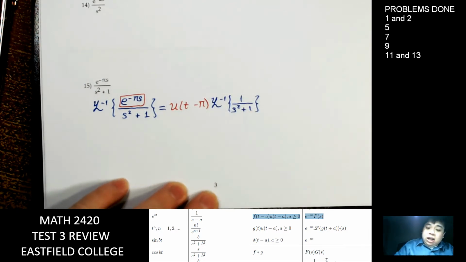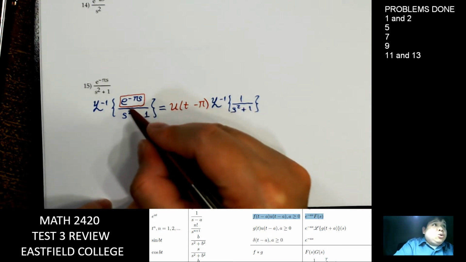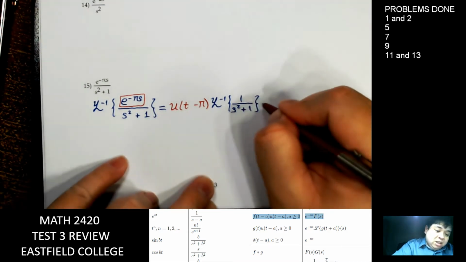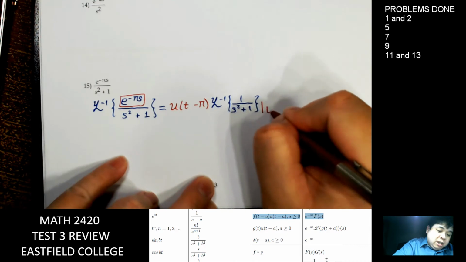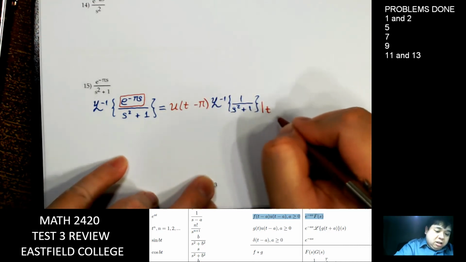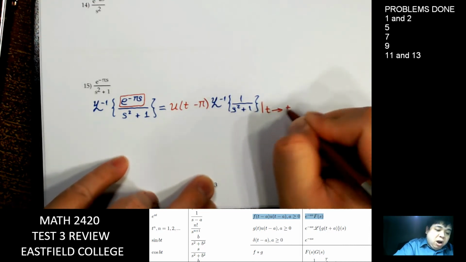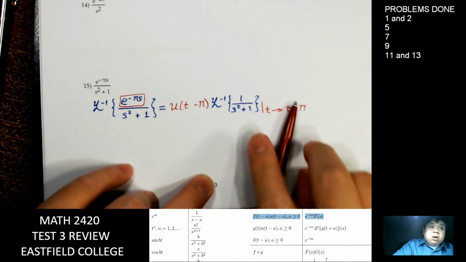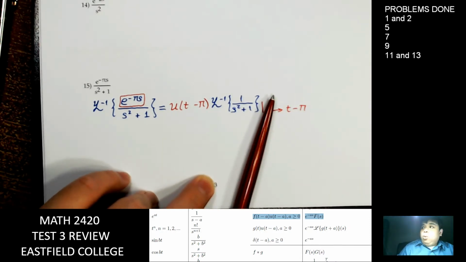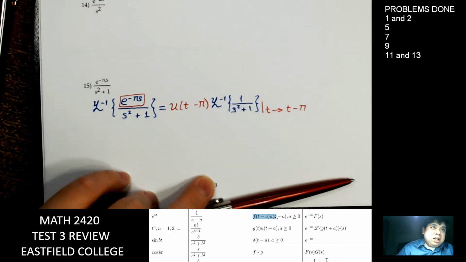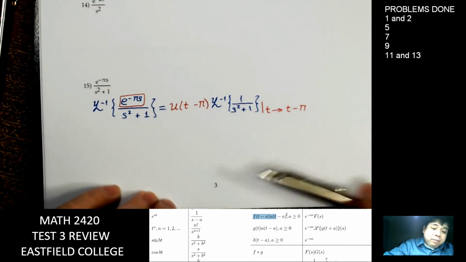Notice that is not it, because e to the negative pi s is the translation in t. So instead of t, we have to replace t by t minus pi. Because the bottom line is, when we see that the function has t minus a, the unit step function also has t minus a, so the variable must be the same.